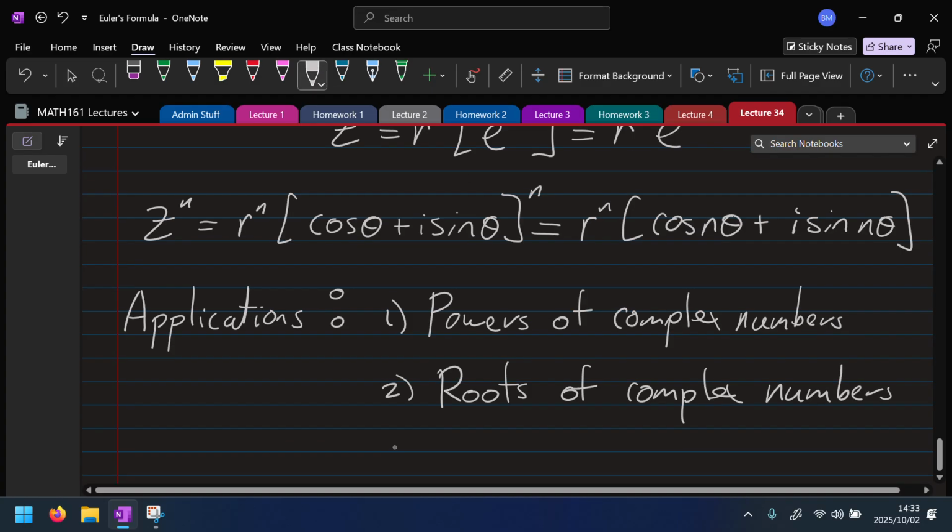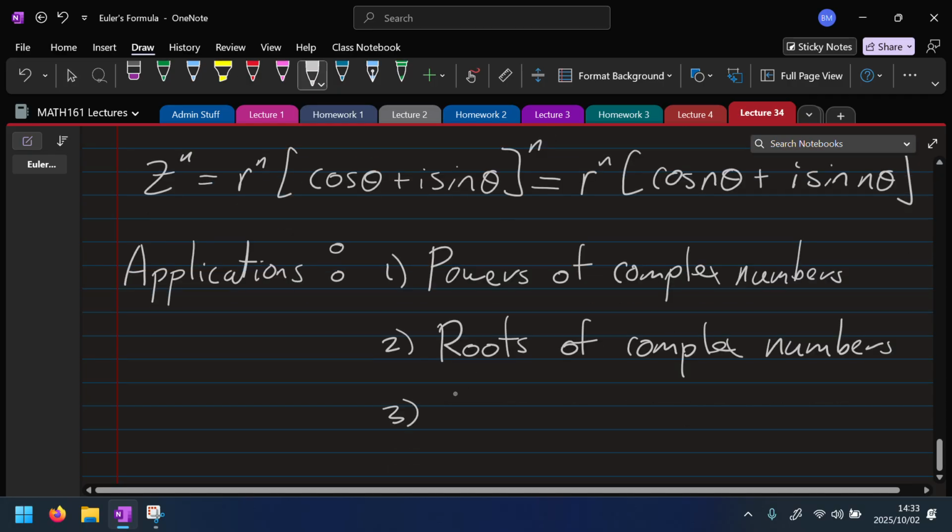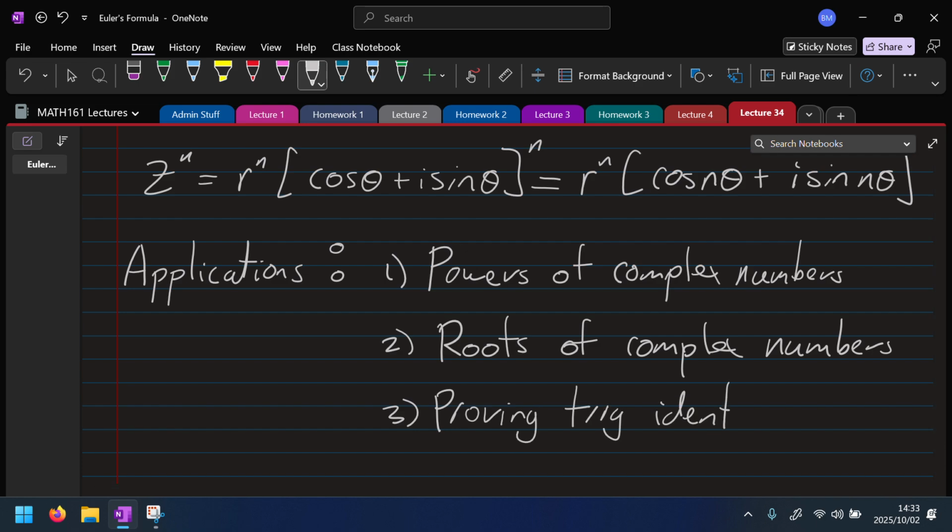Okay, and finally, we will be proving some trig identities. Okay, similar to the ones that you covered in high school. Okay, but here we're proving them using complex numbers in a much easier way.